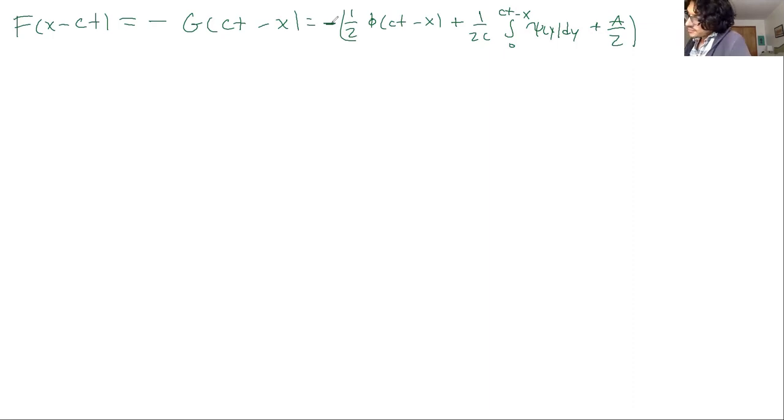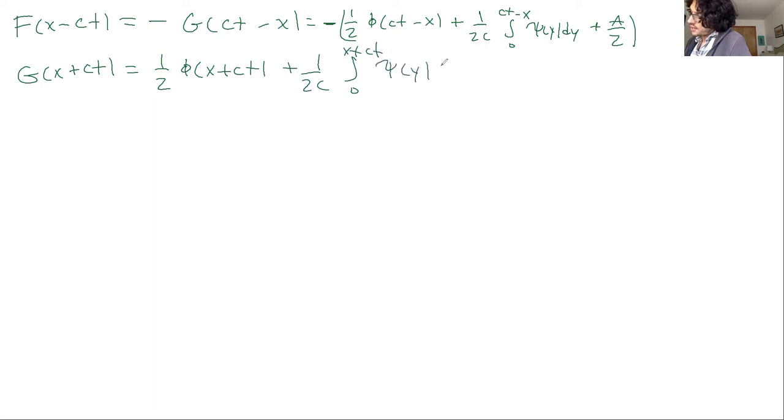Okay. So that's my f of x minus ct, and then g of x plus ct is just going to be a half phi of x plus ct plus 1 over 2c integral from 0 up to x plus ct psi of y dy plus a over 2, okay?